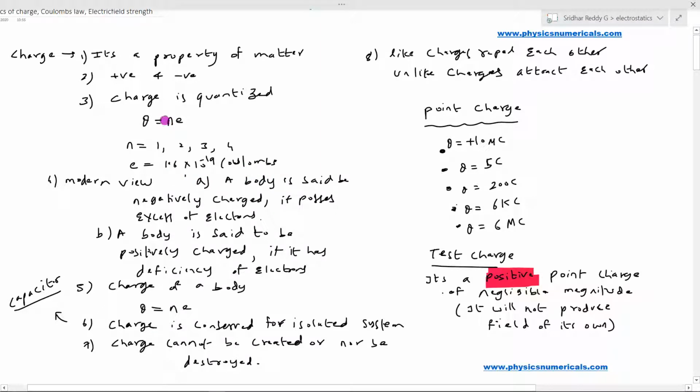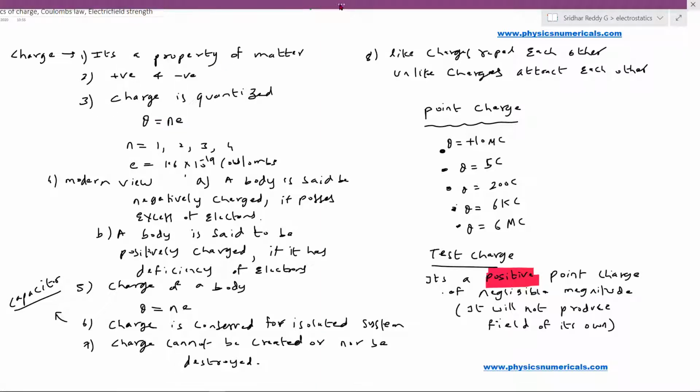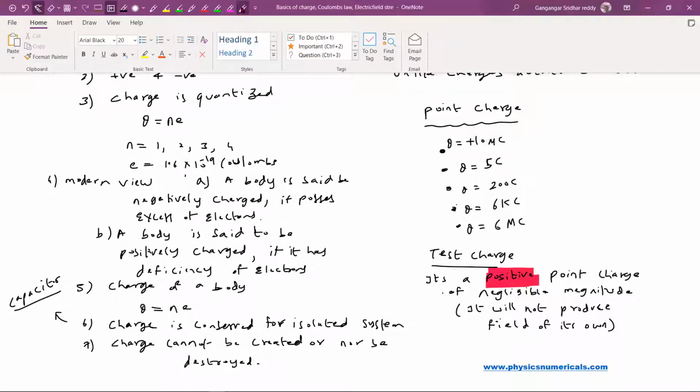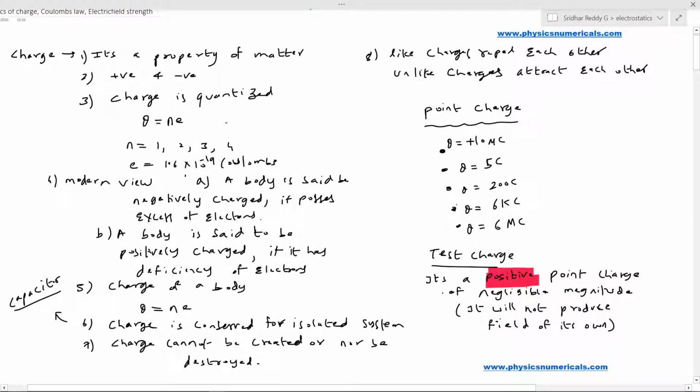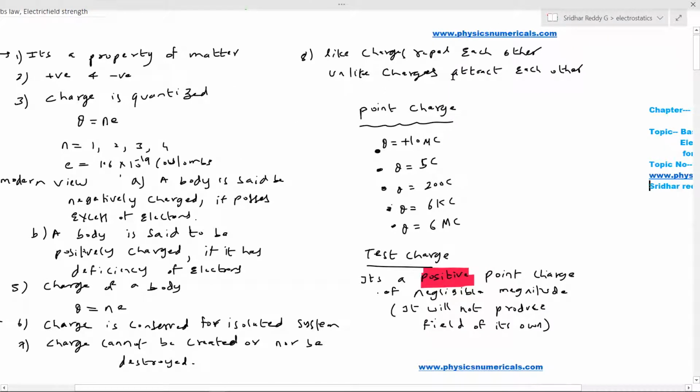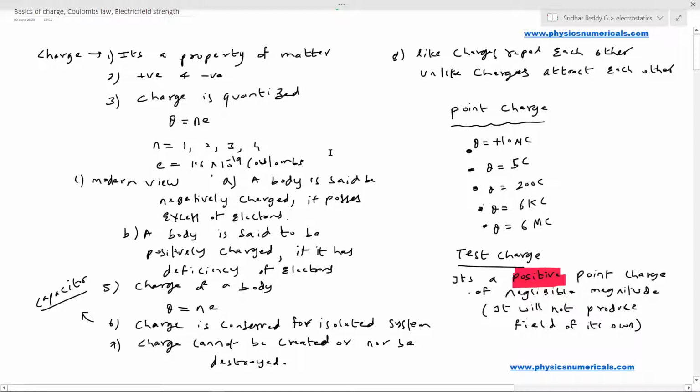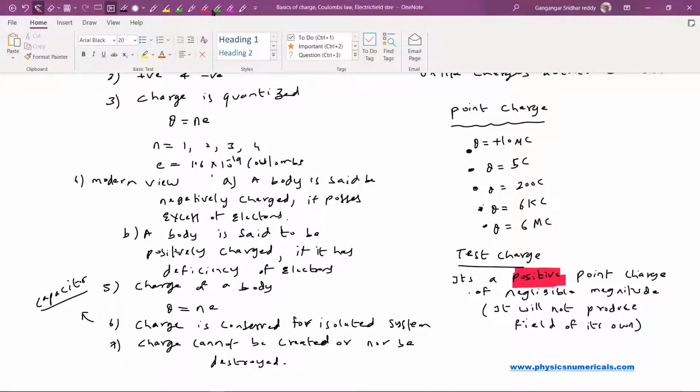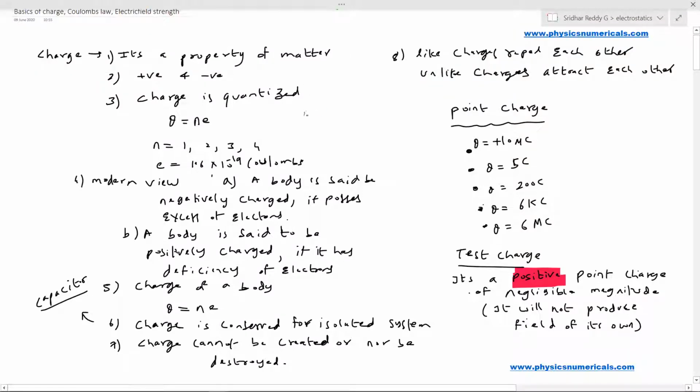The charge of a body should be integral multiples of the charge of an electron, Q equals n e.